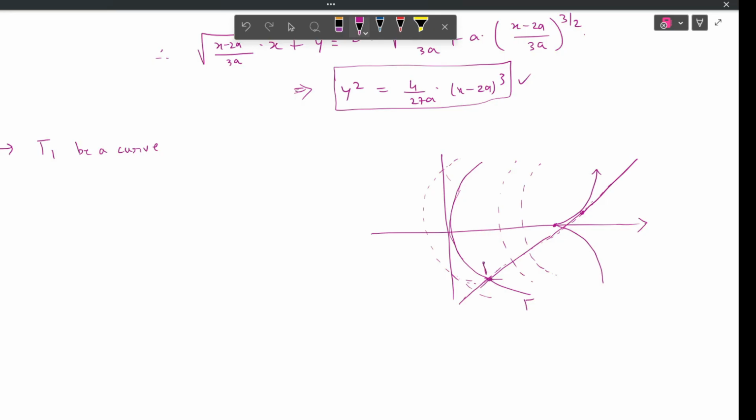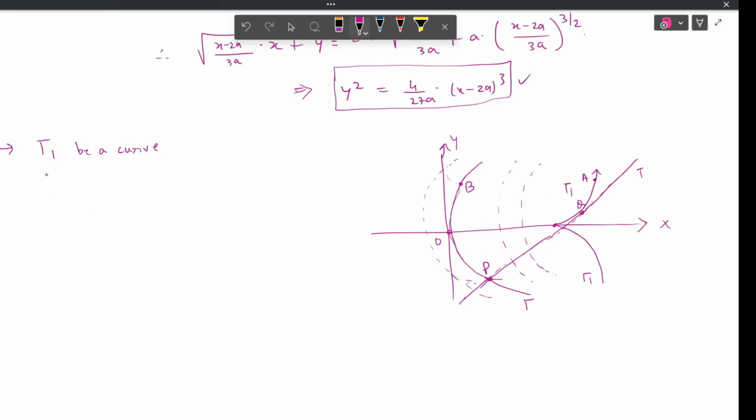Let us say this is the point P. This is B. This is your y-axis. This is your x-axis. This is gamma 1. This is your point Q. This is tangent T. This is also your gamma 1. This point is A. So let us see.